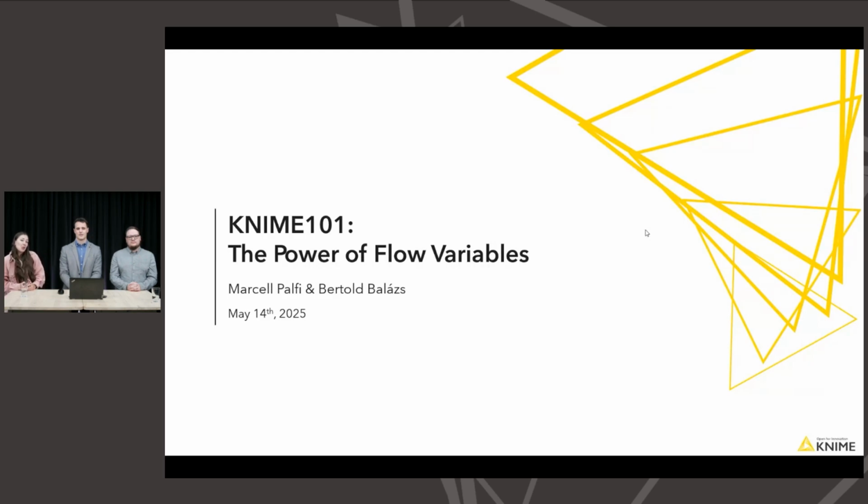With this topic, we are kind of reaching a demarcation point, because being able to handle flow variables and use them in your workflow building really brings you one step closer to becoming a KNIME Pro. So I'm really excited about the topic of today's webinar.